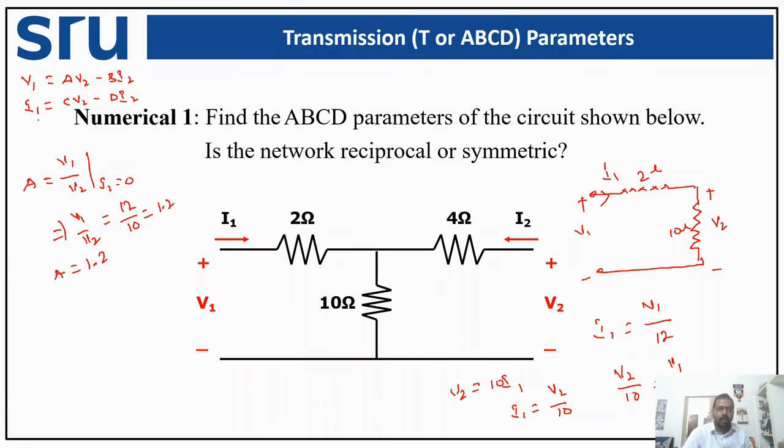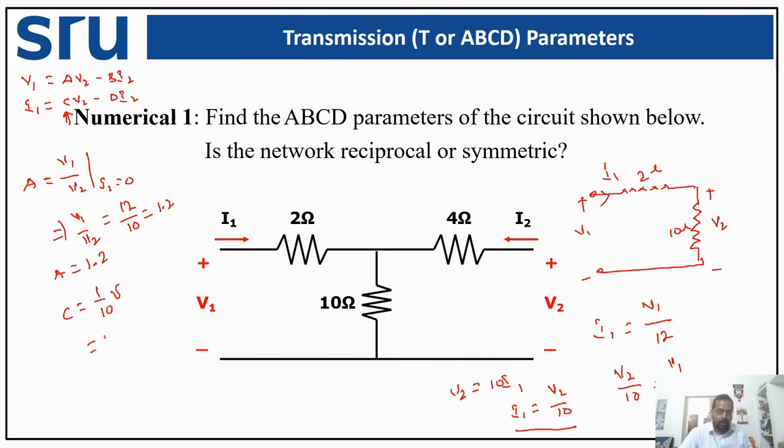How could we find our C value? Our C value relates I1 and V2. We already have that relation between I1 and V2, so my C value will be equal to 1 by 10. It is the ratio of I1 by V2, so the units are mhos.